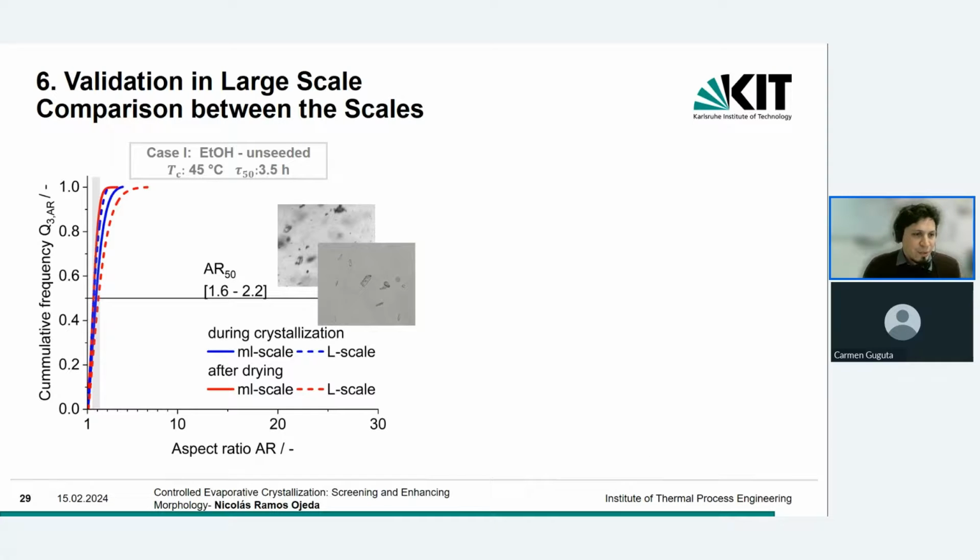Now here is the comparison between the scales. We have the experiments with the continuous line for the milliliter scale and the segmented line for the liter scale. Here is the aspect ratio, and as you can see, there is very low variability in the aspect ratio. So we can say that we get very equally shaped crystals at the milliliter scale and at the liter scale.